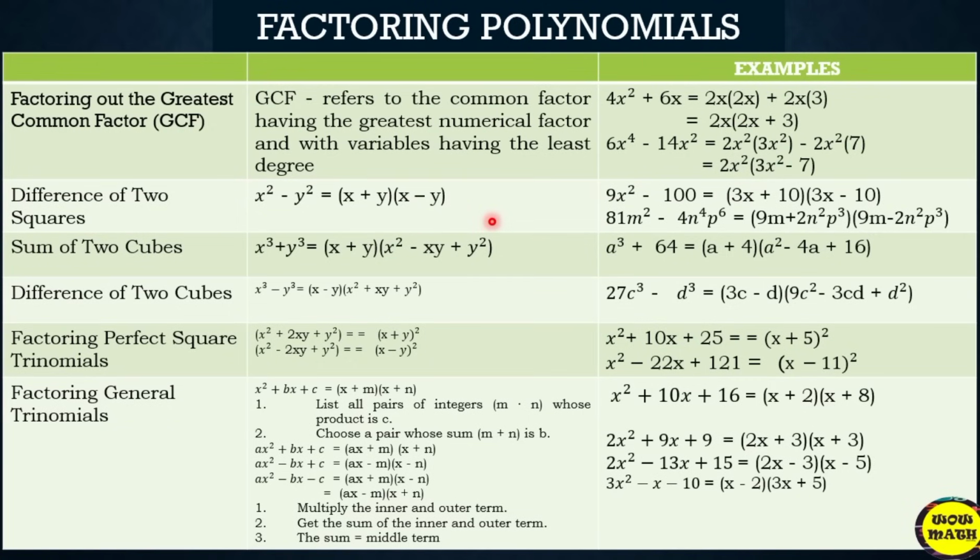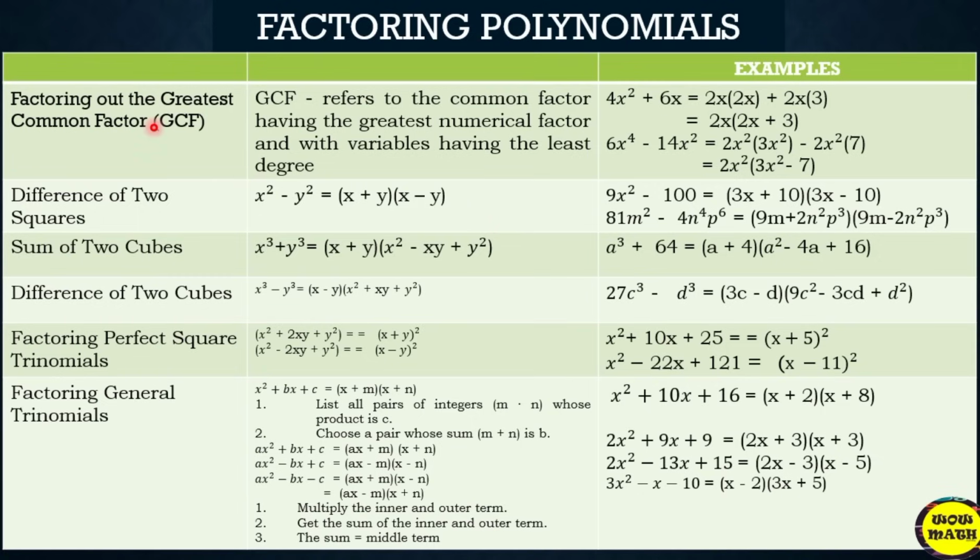Actually, factoring polynomials is when you are rewriting a polynomial as a product of polynomials of smaller degree. Kapag nagre-rewrite tayo ng polynomial natin, ay yung product ng polynomial into smaller degree, yun ang tinatawag nating factoring. Okay?